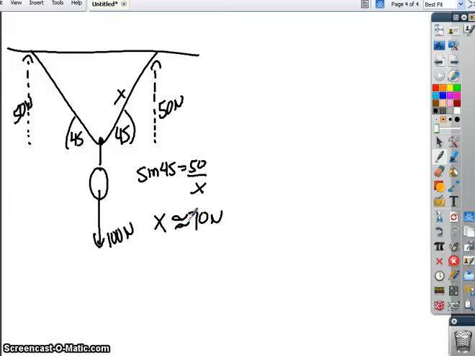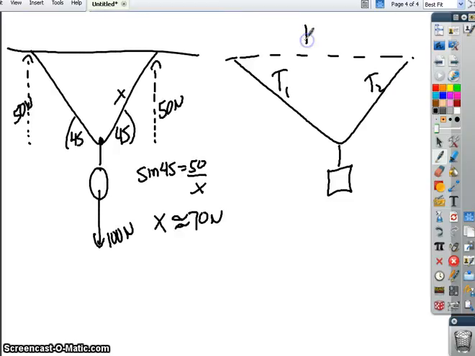So, if we look at a similar situation like this, and we call this wire T1 and this wire T2, notice they are now at different angles. This angle is not the same as this angle.